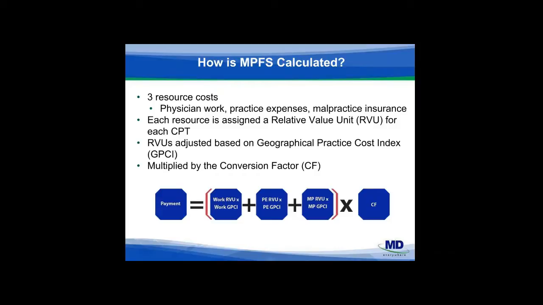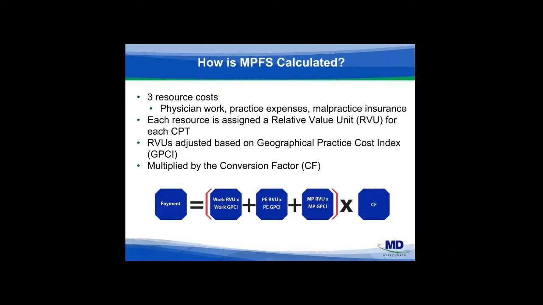The GPCI accounts for the geographical variations in cost of practice and medicine in different areas of the country. For example, the cost of practicing medicine and the cost of living is going to be higher in the Northeast than it is going to be in the Midwest. That GPCI takes into consideration those differences.